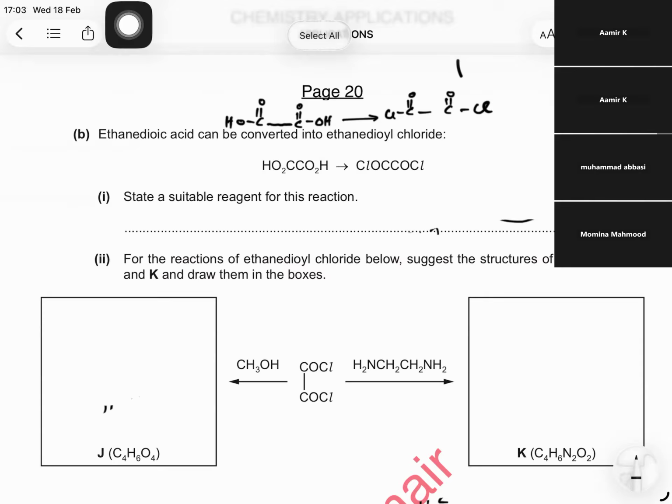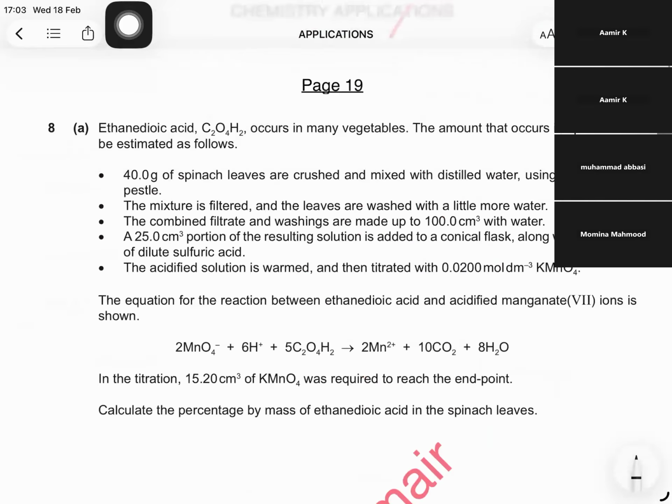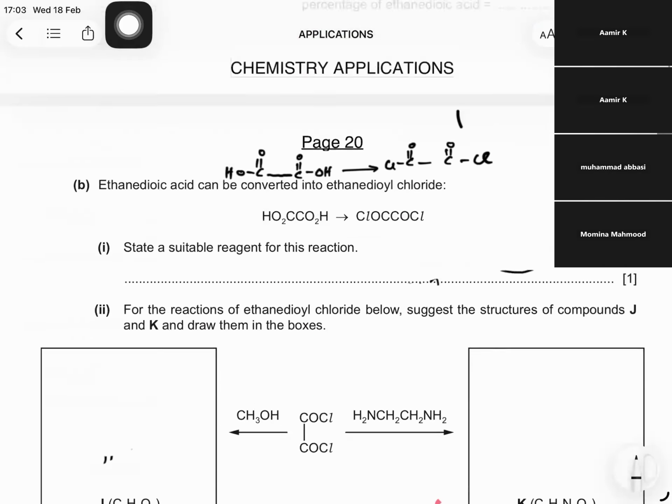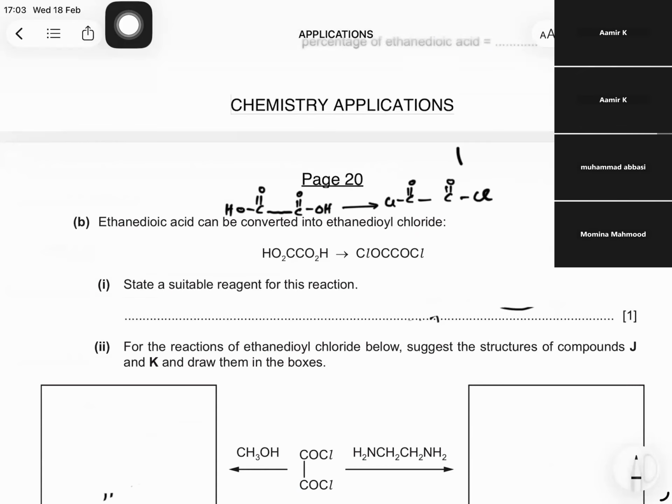We did some reactions. We used a reagent: PCl3, PCl5, or SOCl2, thionyl chloride, any one. Right? So that takes away the OH on both sides and takes the Cl along. Okay?